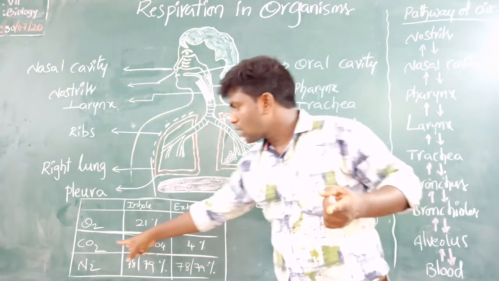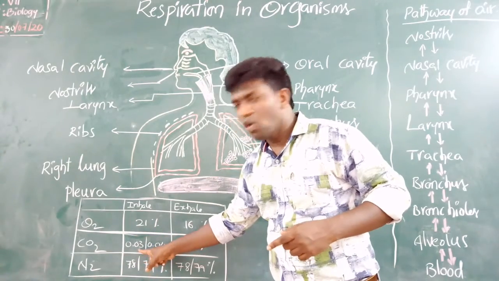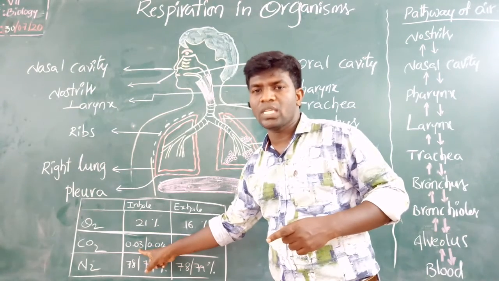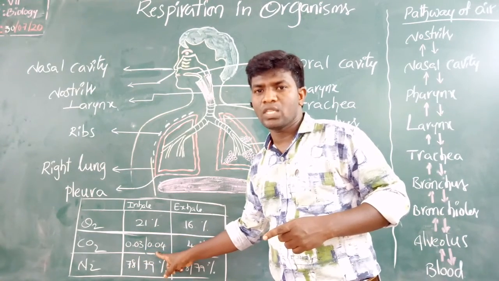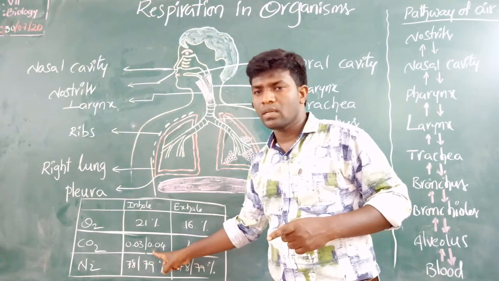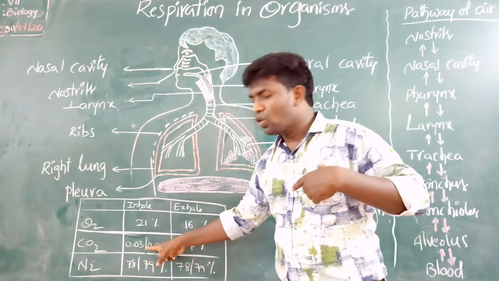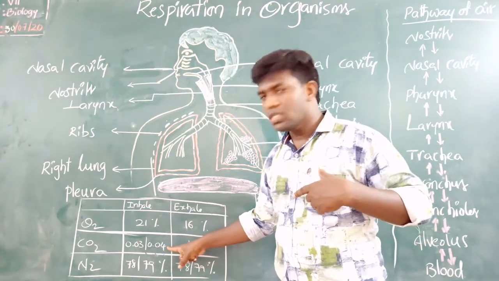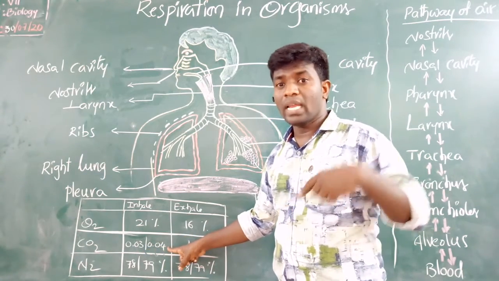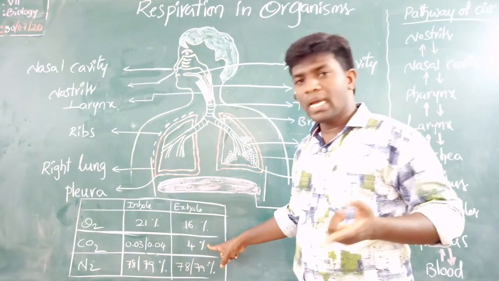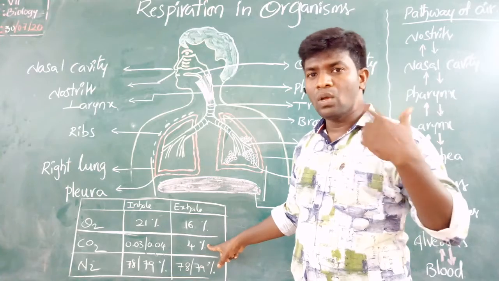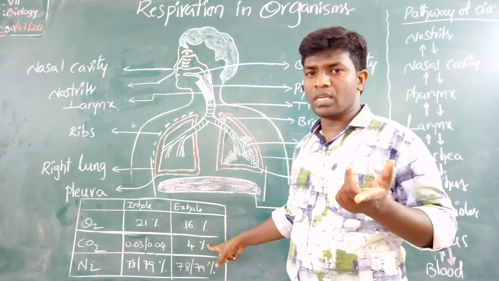Okay. And next, carbon dioxide. In old textbooks they gave 0.03, in new textbooks they gave 0.04. Both are correct. So we are inhaling carbon dioxide 0.03% or 0.04%. We are exhaling nearly 4% carbon dioxide, more carbon dioxide is released.